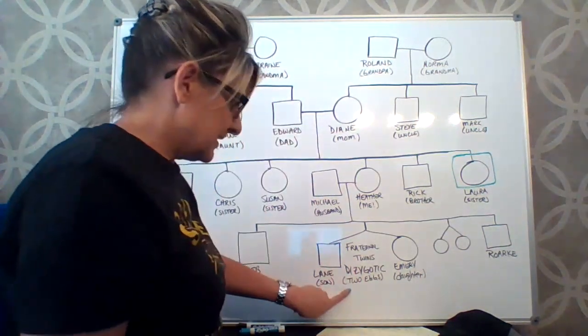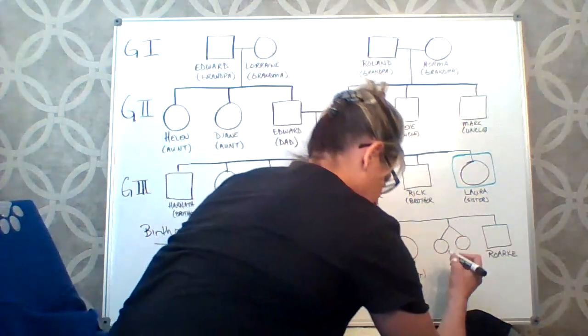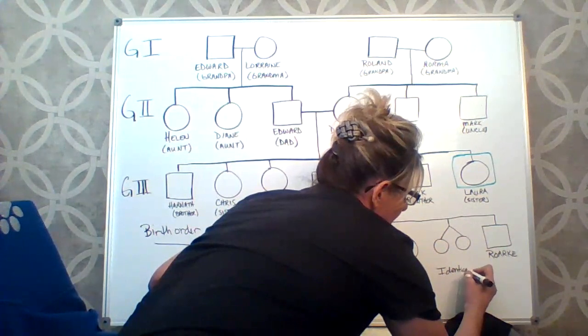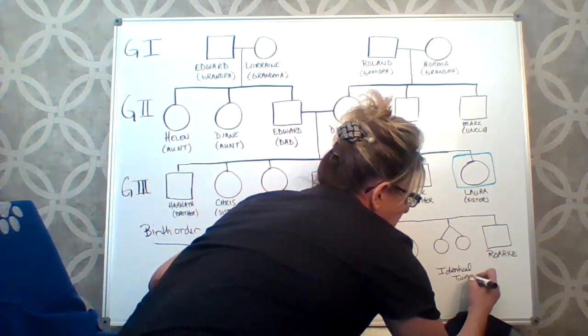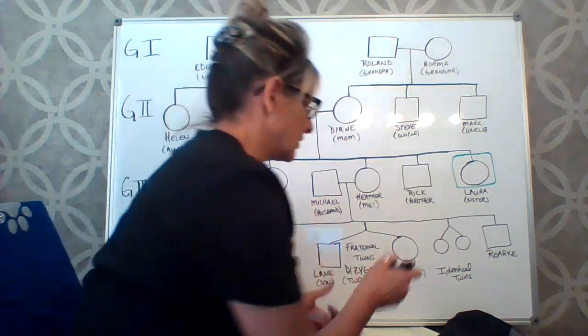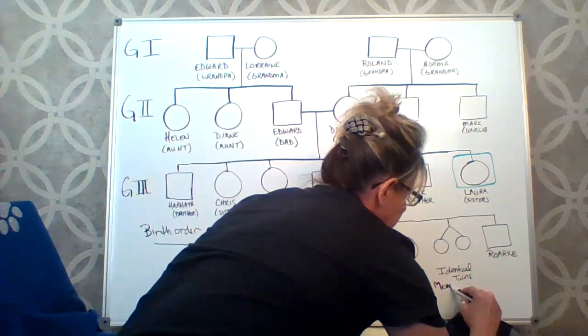So this is dizygotic, meaning two eggs, and I'm going to write identical down here. Identical twins come from something we call monozygotic. In other words, one egg.